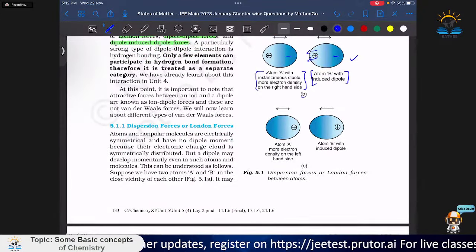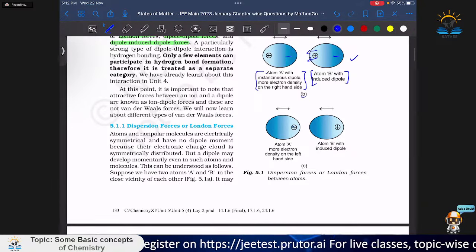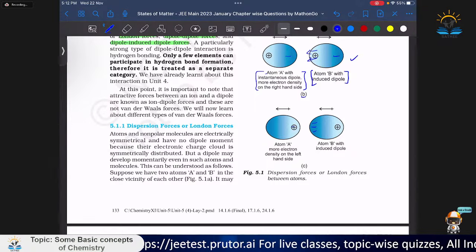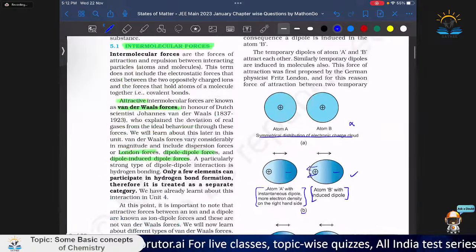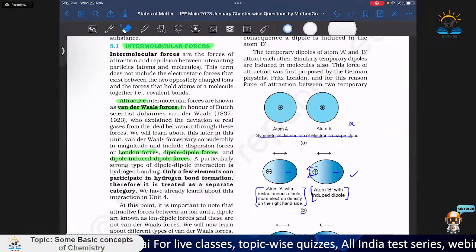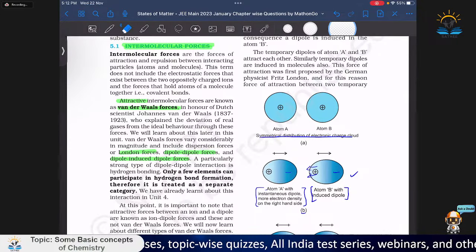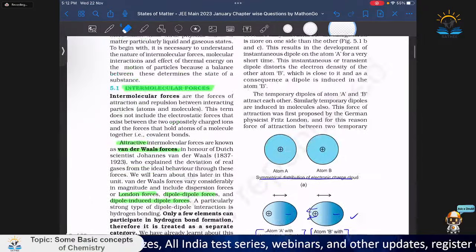And similarly, if the positive of atom A is on this side, it will attract the negative of atom B on that side. Okay. So this is what is happening in London forces. Both atom A and atom B have symmetrical distribution, but not every time.